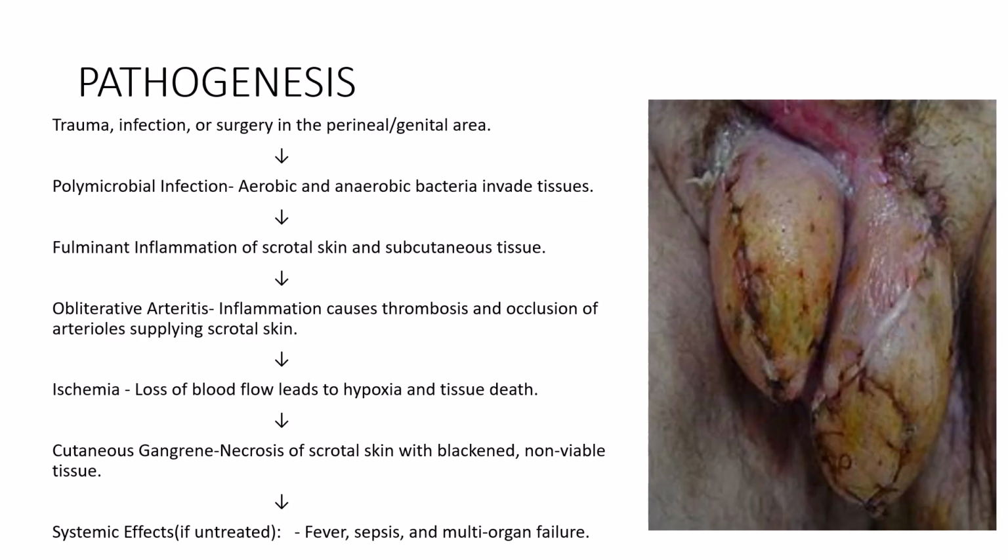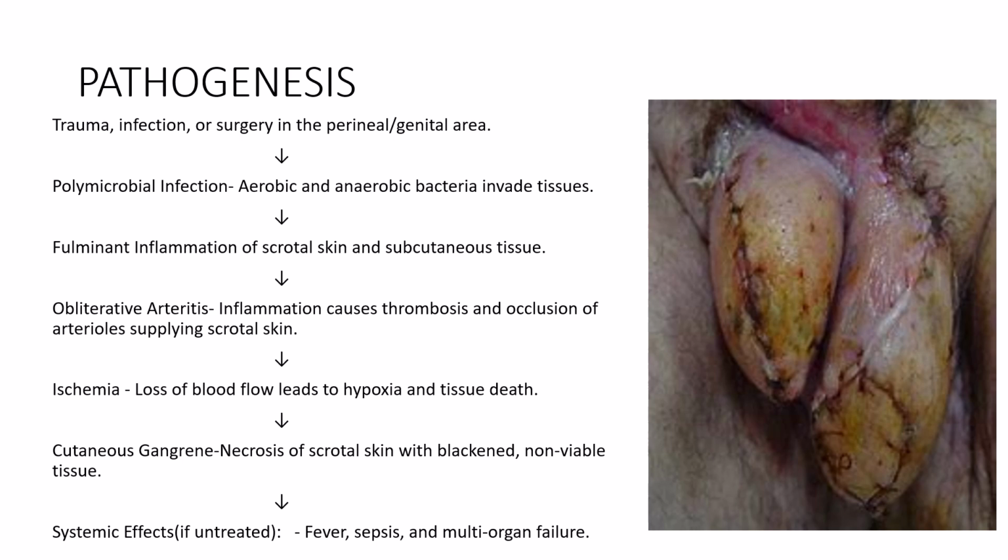Okay, so next we'll be learning about the pathogenesis. So what happens over here? Any sort of trauma, infection or surgery in the perineal or the genital area causes polymicrobial infection. It can be aerobic and anaerobic bacteria. This invades the tissue. This causes fulminant inflammation of the scrotal skin and subcutaneous tissue, which further leads to obliterative arteritis, which causes inflammation, and this leads to thrombosis and occlusion of the arterial supply which supplies the scrotal skin.